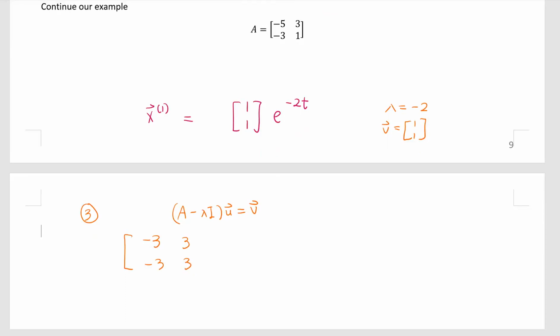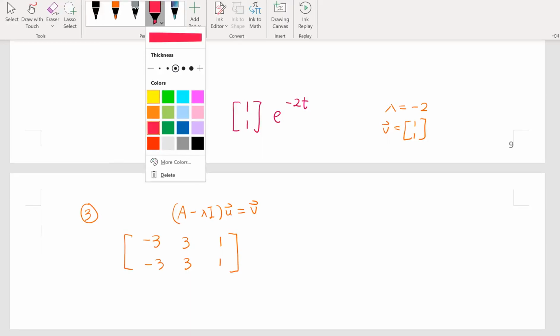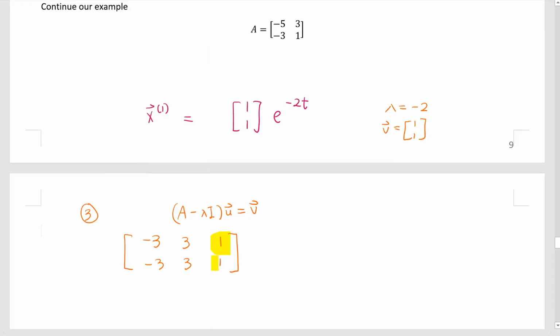But on the right hand side, it's not 0 anymore. It's the eigenvector we found in the previous step. That's the difference. Let me highlight it with yellow. The right hand side is not 0 anymore. It's the previous eigenvector you found.